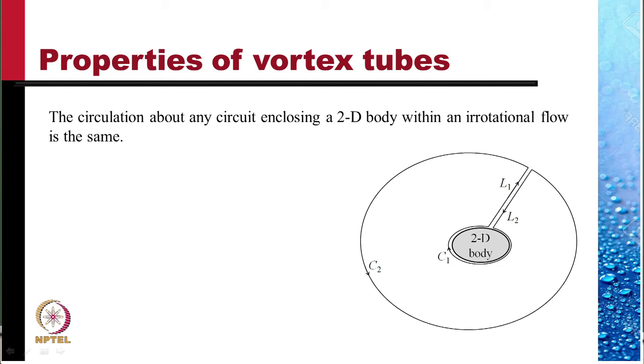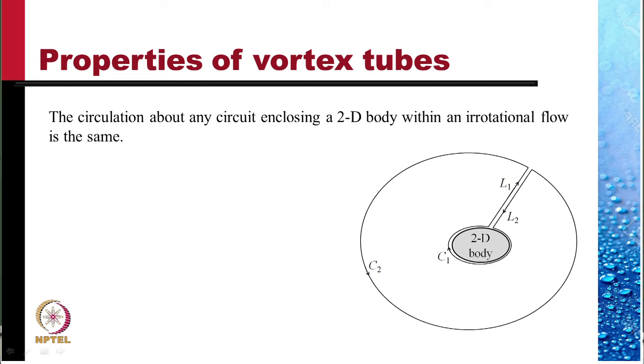Now, the circuit which consists of L1, C2, L2 and C1 is a circuit which is reducible and which lies totally within an inviscid flow. We can shrink this to a point, and that point would lie within the inviscid flow. It avoids the 2D body completely.